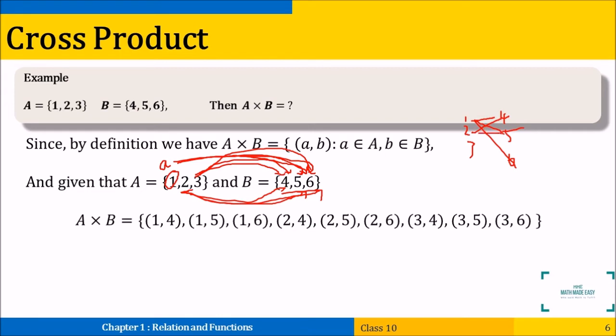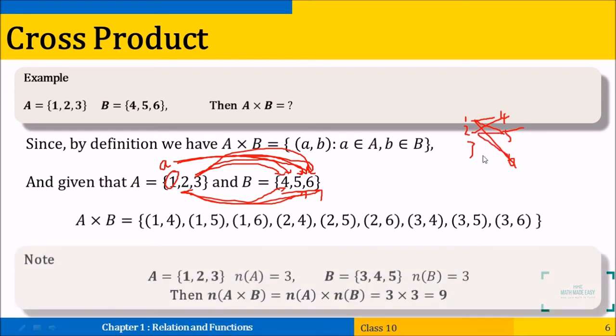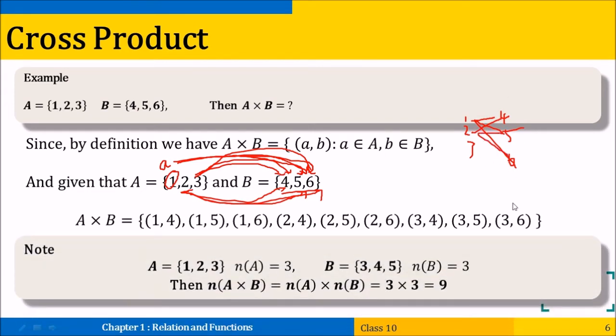Let's consider a small note here. The cardinality of the set A is 3 and the cardinality of the set B is 3. Let's consider the cardinality of A cross B. The set A cross B has cardinality 9, which is obtained by multiplying the cardinalities of the sets individually.